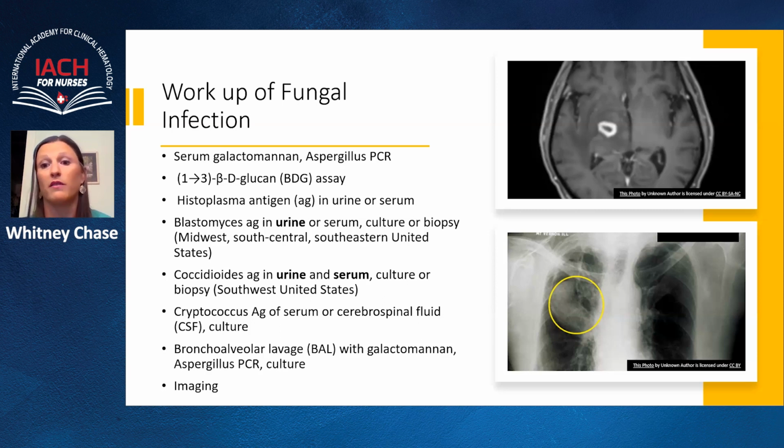Bronchoalveolar lavage for further pulmonary testing may be considered, although it is obviously more invasive than taking blood or urine. Imaging can also be helpful in pointing to a diagnosis, as we have on the right here some pulmonary aspergillosis and histoplasmosis in the CNS.